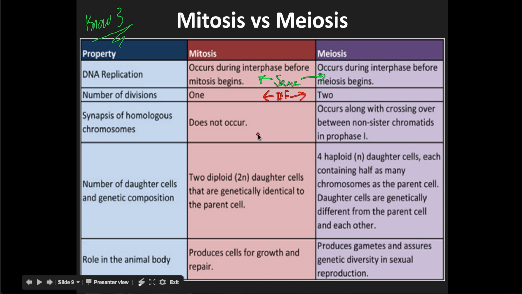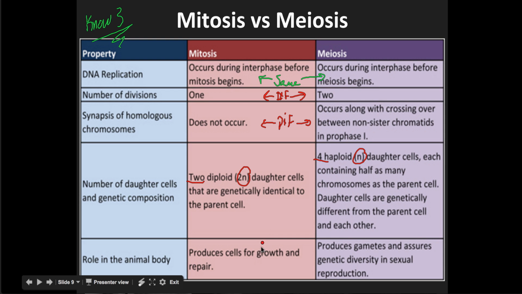Synapsis of homologous chromosomes and crossing over. This is going to be a difference. Number of daughter cells, 2N, another difference. N, creating 4 cells versus creating 2 cells, definitely another difference.